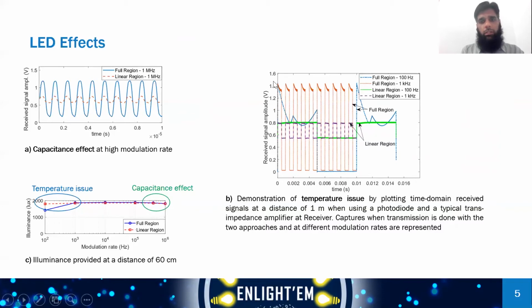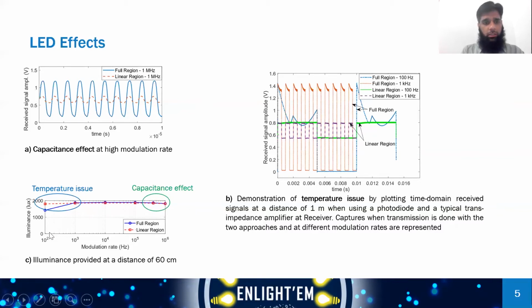In figure B, we observed that when we operate the LED at low frequencies, for example the blue dotted line, the signal is distorted at the high values, which is basically due to the temperature issue.